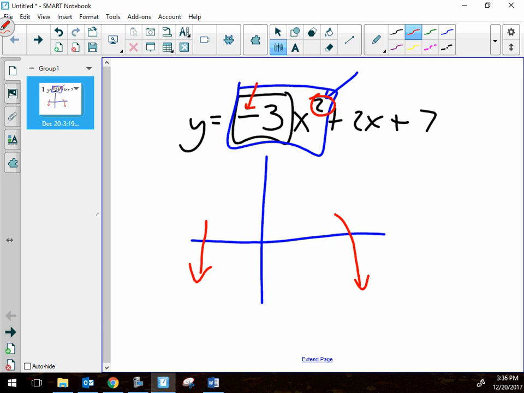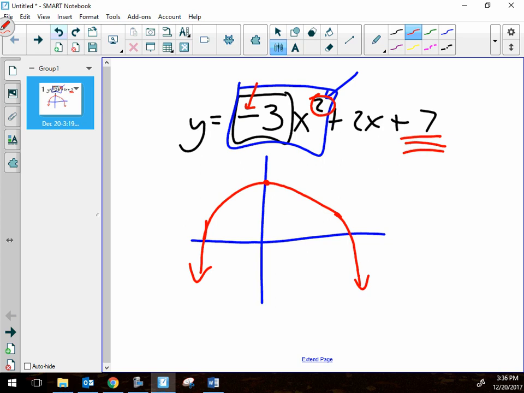So now, if I take the y-intercept, which is where x is 0 and cancels off this and this, I would have y as 7. If I was going to have it go through 7 here, all I need to do to give it a sketch would be find the y-intercept and then know how it begins and how it ends.